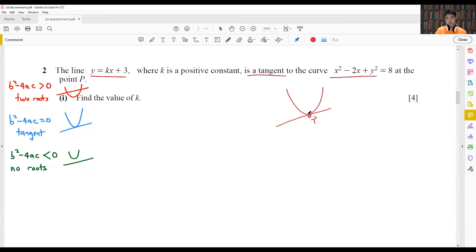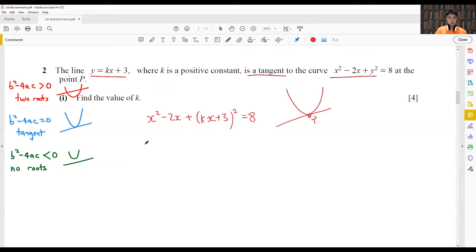Since they only touch each other at one specific point, the discriminant formula b squared minus 4ac is supposed to equal 0. Now, again, the first step in these kinds of questions is to substitute this equation into this equation here. You would have gotten x squared minus 2x plus y squared, which is (kx plus 3) squared, equals 8.